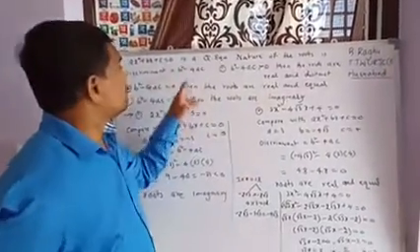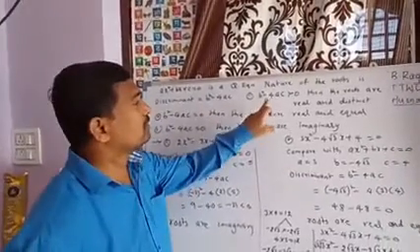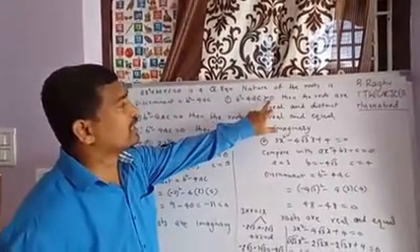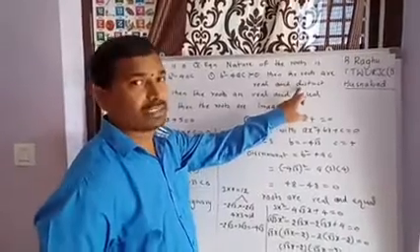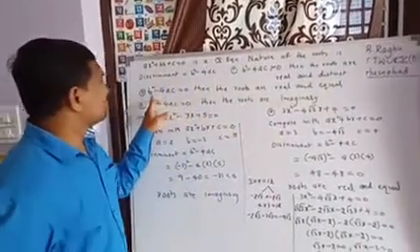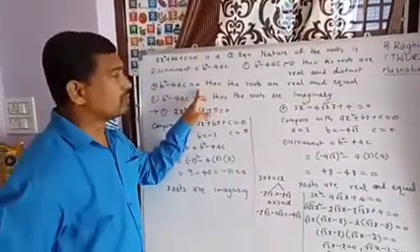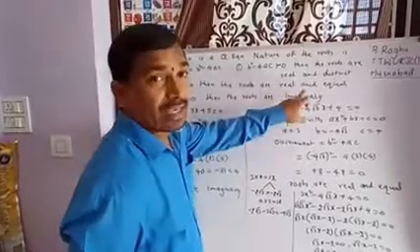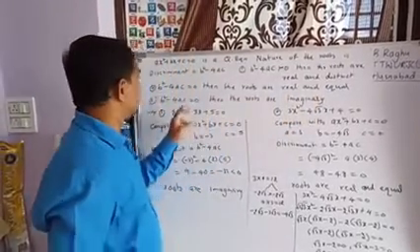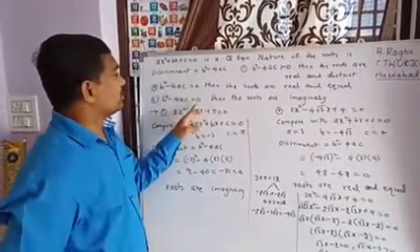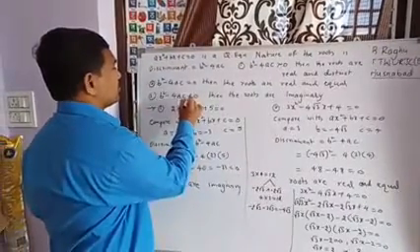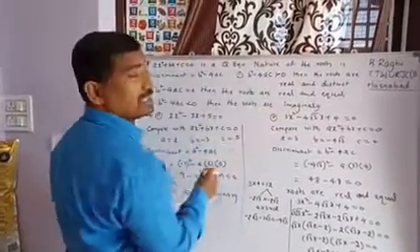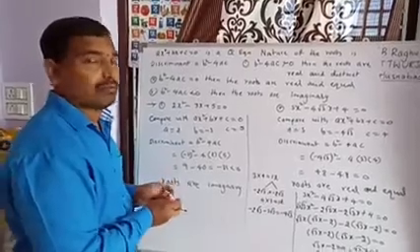If b square minus 4ac is greater than 0, then the roots are real and distinct. If b square minus 4ac equals 0, then the roots are real and equal. If b square minus 4ac is less than 0, then the roots are imaginary, not real numbers.